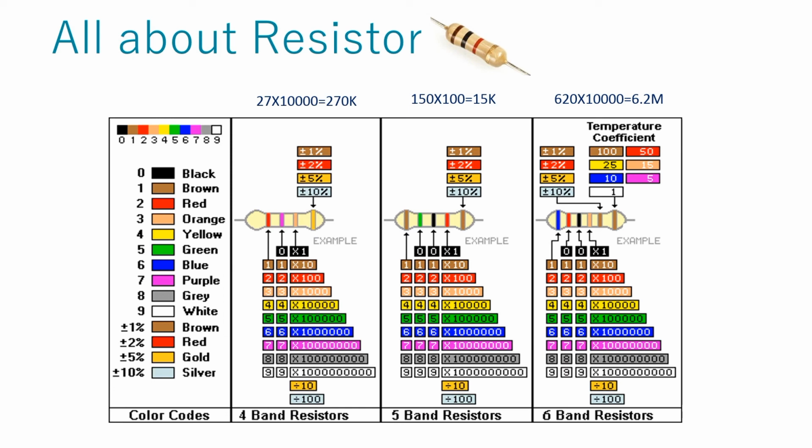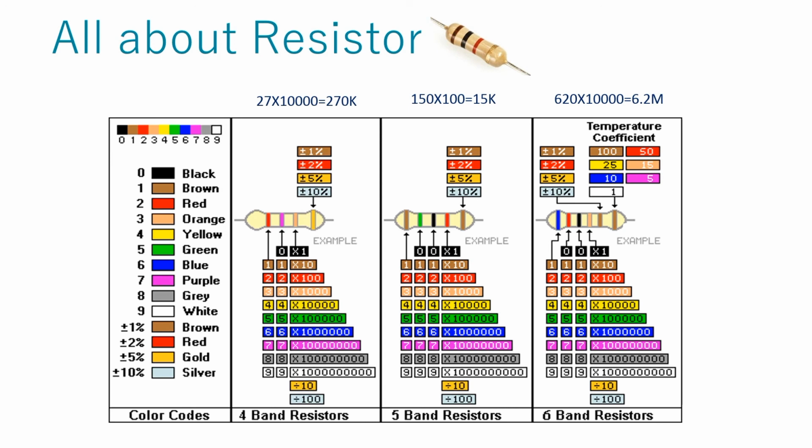The third color is the multiplier. The third color is yellow and its number is 4, and it will be written as 10,000, 4 zeros after 1. So the value of the resistor is 27 multiplied by 10,000, or 270 kilo ohms. The last color is of tolerance. Resistors can have up to 6 color bands.